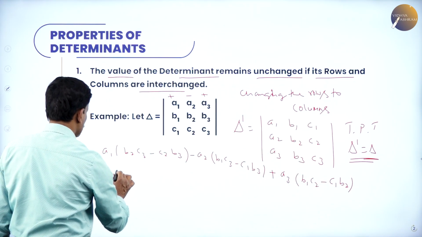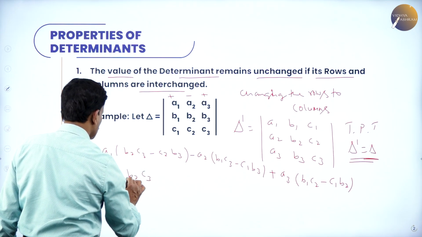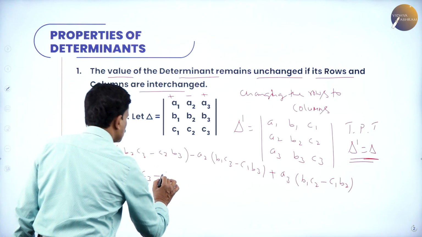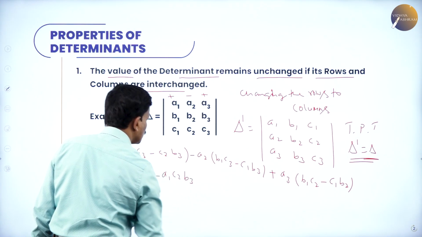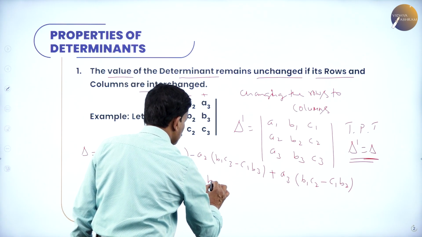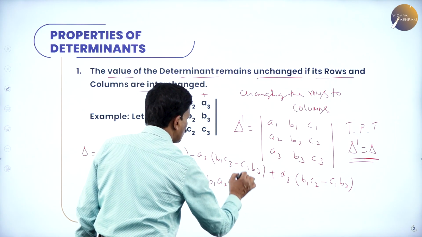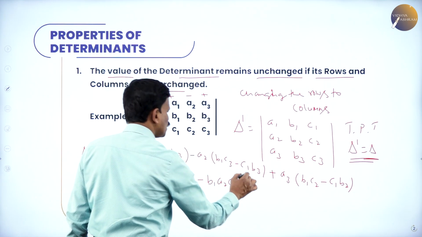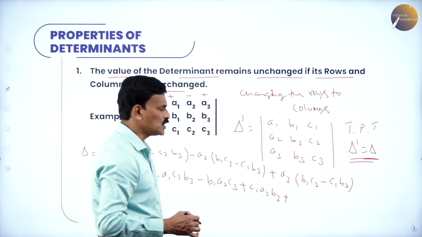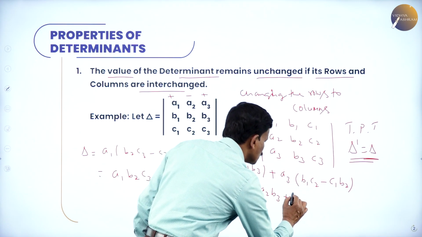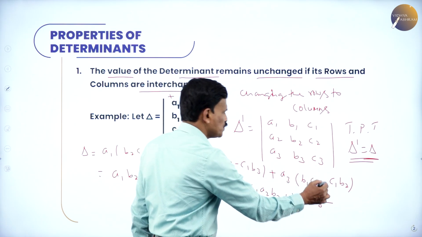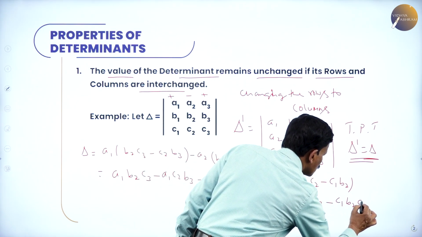So this is equal to A1 B2 C3 minus A1 C2 B3, next minus A2 B1 C3, which can be written as B1 A2 C3, minus into minus plus A2 C1 B3, which is C1 A2 B3, plus A3 B1 C2, which can be written as B1 C2 A3, minus A3 C1 B2, that is C1 B2 A3.